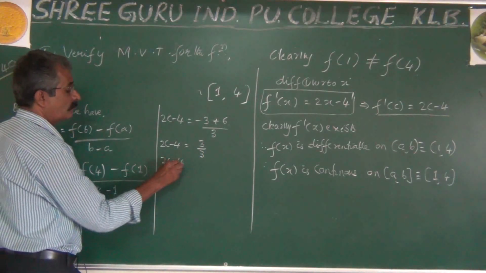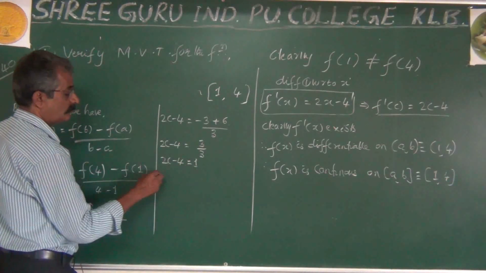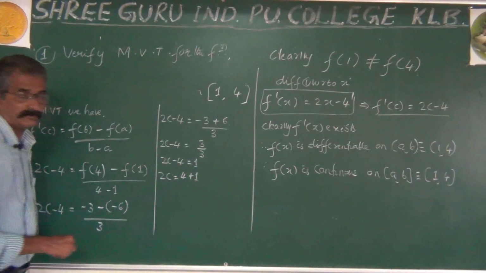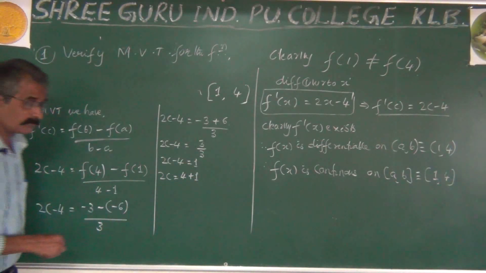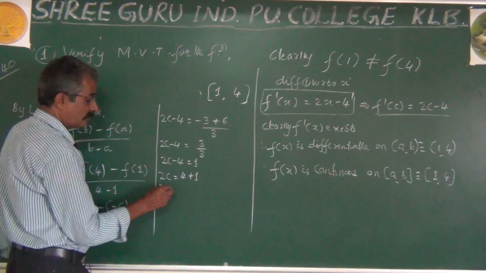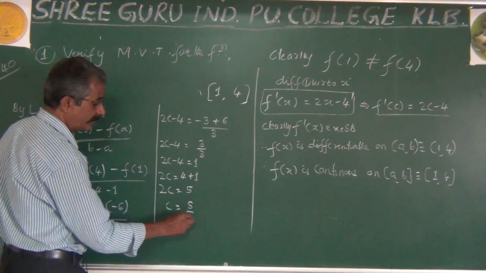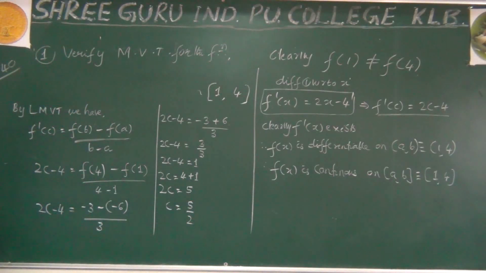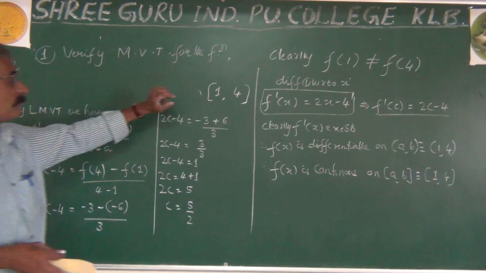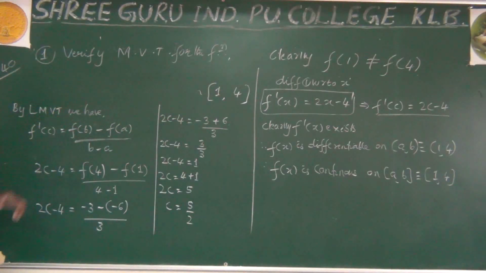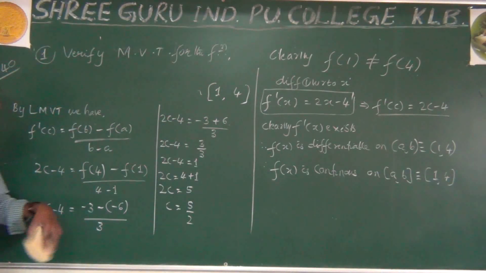2c minus 4 equal to 1, 2c equal to 4 plus 1, 2c equal to 5, c equal to 5 divided by 2, 5 by 2, 2.5, which is exactly the centermost value of 1 and 4, that belongs to the interval 1 comma 4. That you must write.